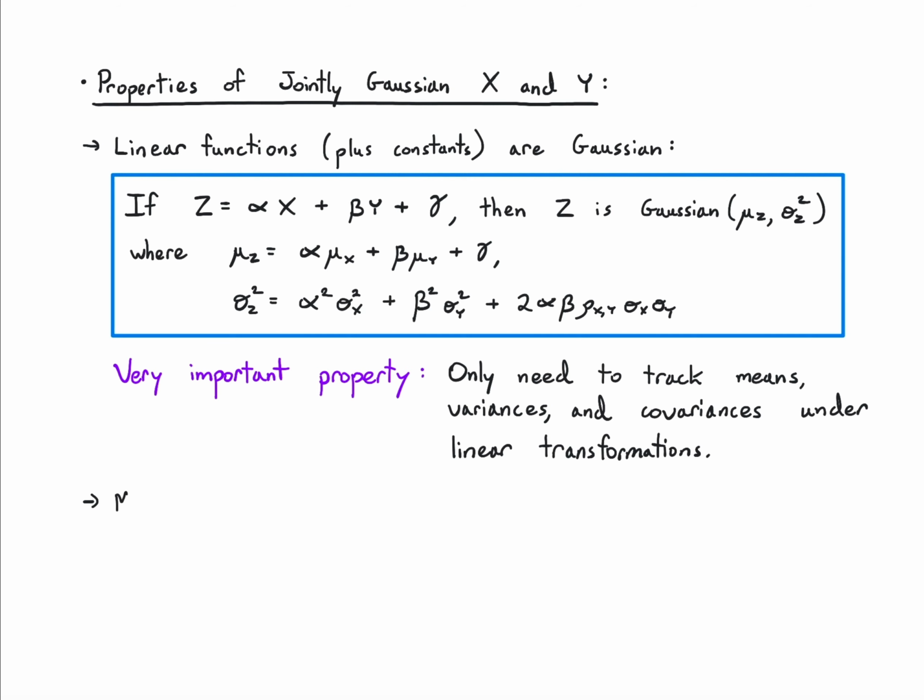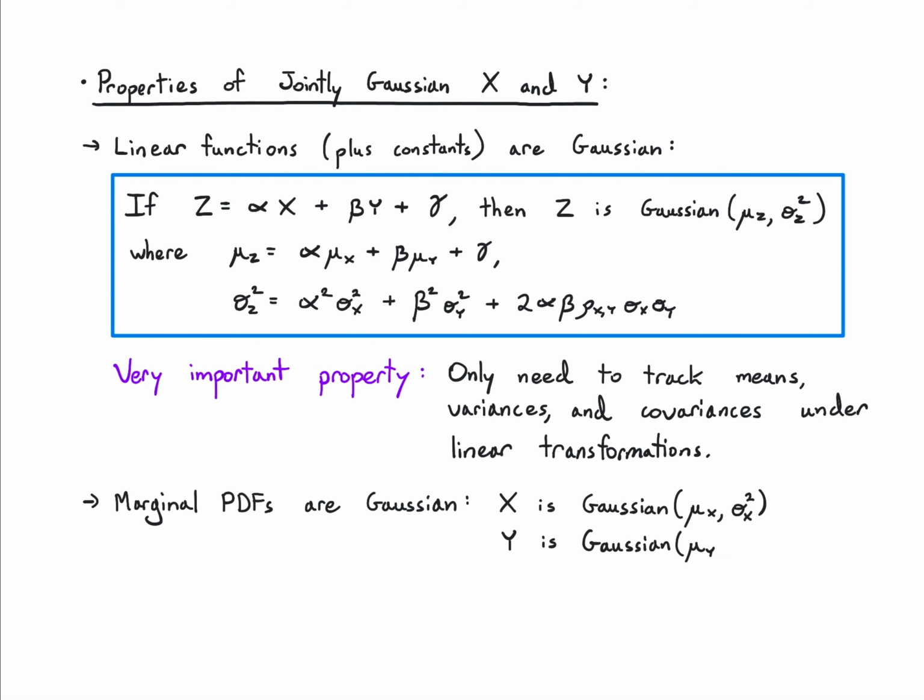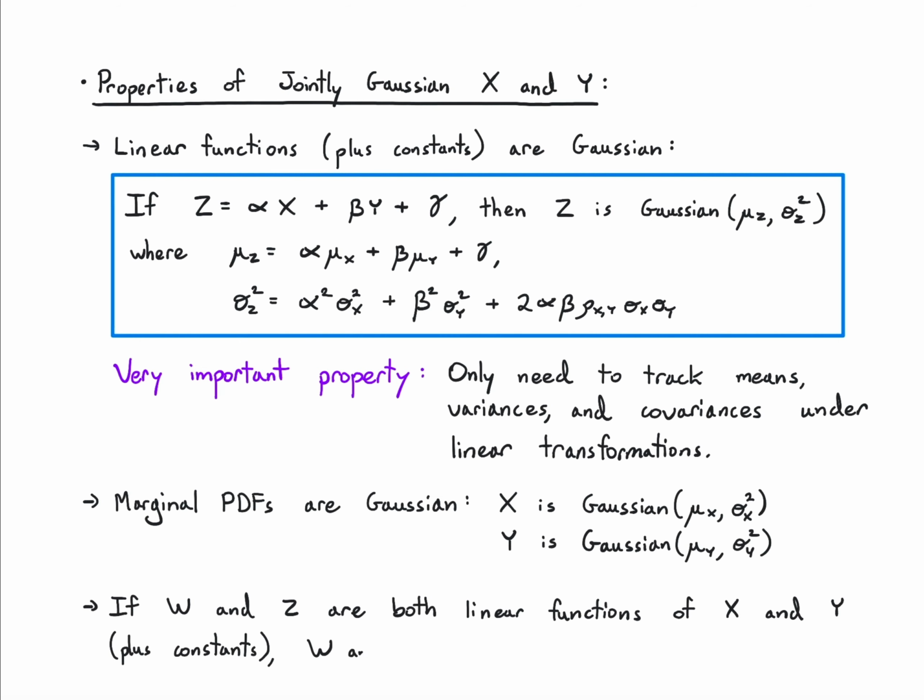The other thing that I know is that the marginal PDFs of x and y are going to be Gaussian, and they're going to have the parameters from the family. So x is Gaussian with mu x, sigma x squared, and y is Gaussian with mu y, sigma y squared. And also, if w and z are both linear functions of some jointly Gaussian x and y, maybe plus some constants, then w and z themselves will be jointly Gaussian.